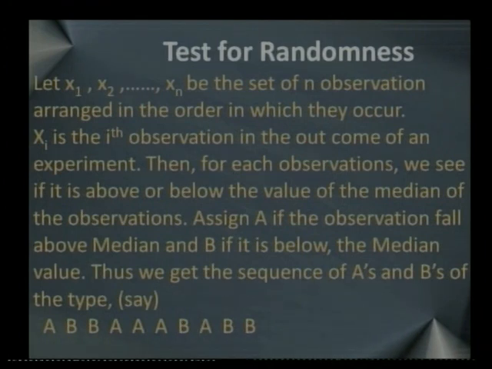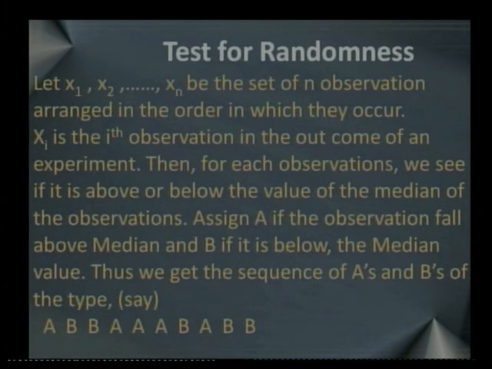So what is the test for randomness? Let x1, x2 up to xn be the set of n observations arranged in the order in which they occur. Xi is the ith observation in the outcome of an experiment. Then for each observation we see if it is above or below the value of the median of the observations. We assign the value A if the observation falls above the median, and B if it falls below the median value.